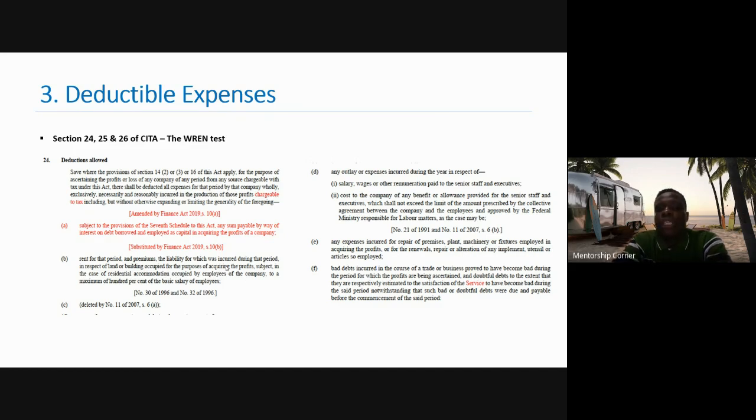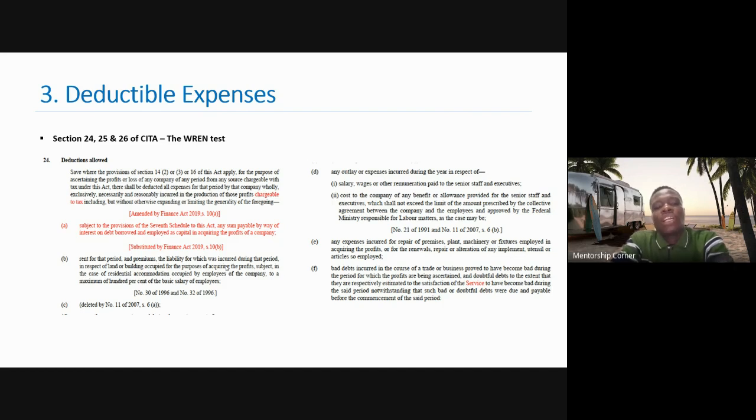But in this case, it's basically saying that if you incur interest on debt, and that debt finance is the one that you use to finance the business itself, then such interest will be an allowable deduction. That is, you can allow it to pass as a deductible expense.